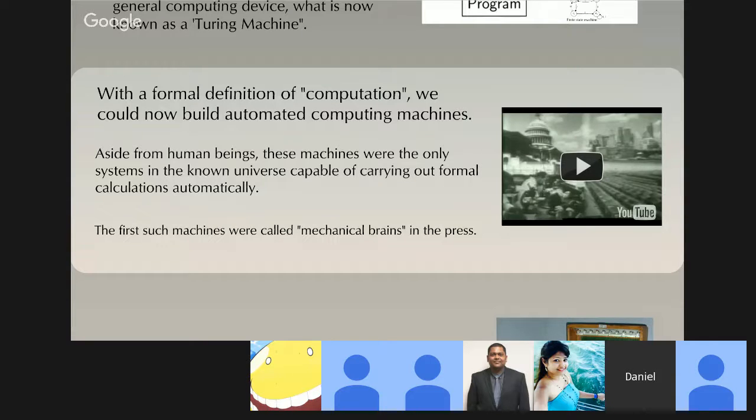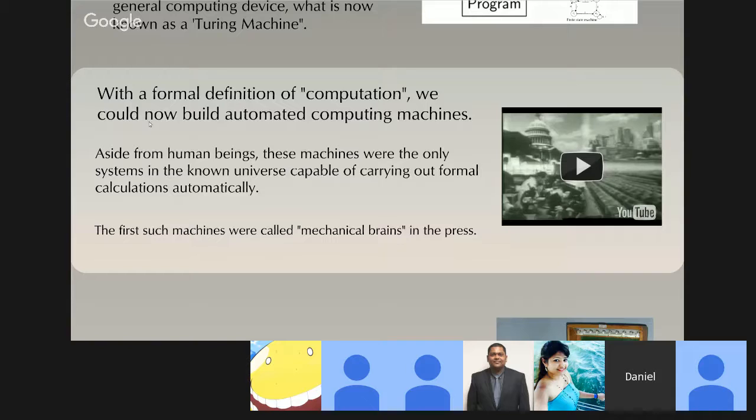As far as we knew, prior to the first computers, we were the only creatures in the universe that could do arithmetic. I mean, maybe there's aliens somewhere else, but as far as we knew here on Earth, humans were the only creatures capable of this kind of formal processing until we built computers.